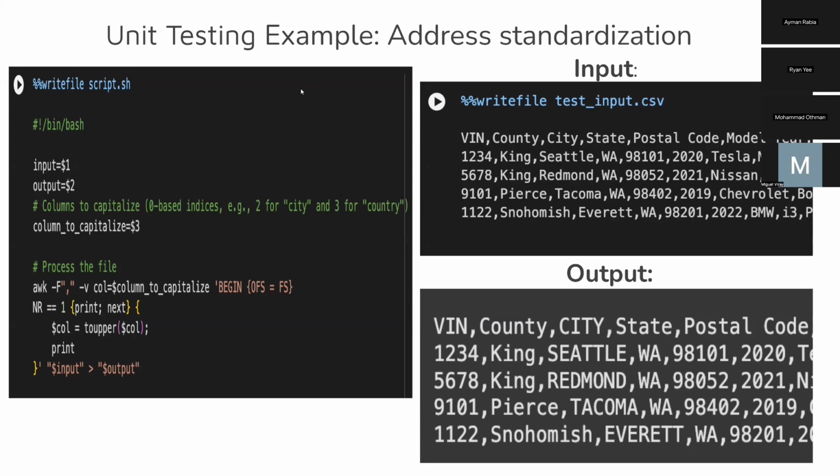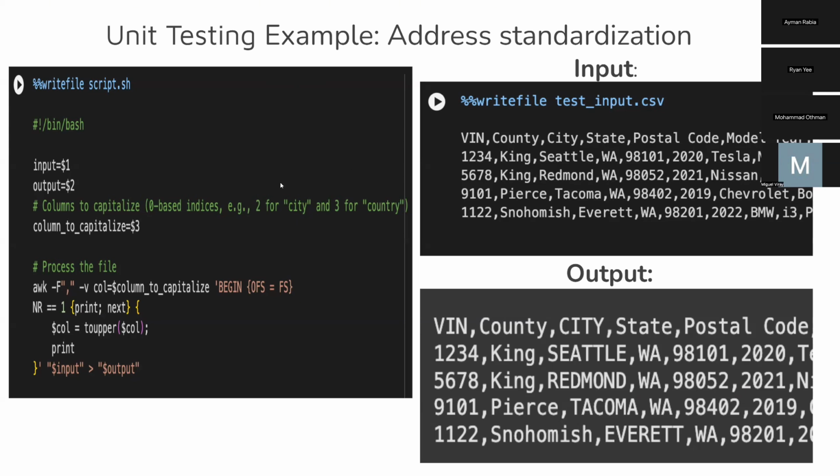Obviously, we had these tests run on bigger samples, but these smaller samples are just for the slides so they can fit well. So one example is the address standardization that Ryan was talking about. We had to make sure that everything looks the same, so everything's either all capitalized or all lowercase.